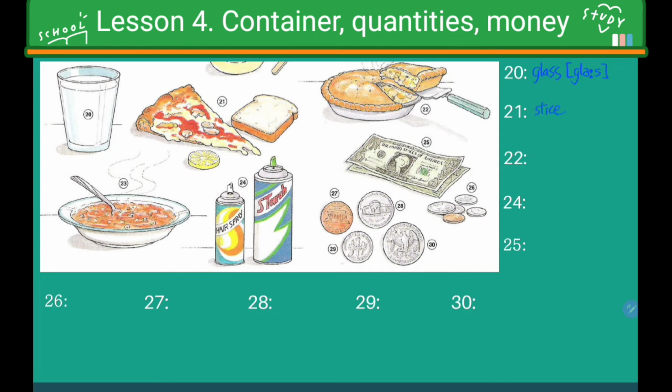And number 22, we have delicious looking pie. And we have piece. And the pronunciation is P, very long E and S. So it's piece. We use this for a piece of pie. We also use this for a piece of furniture, or piece of information, or piece of advice.